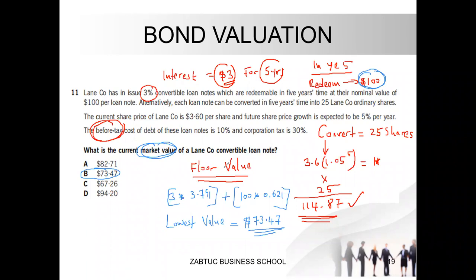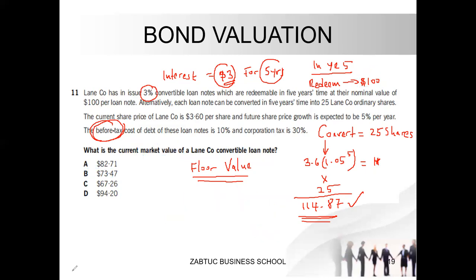Okay, let's ask another question. What if the bond is irredeemable? If the bond is irredeemable, how do you find the value?